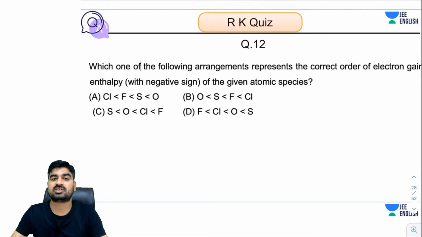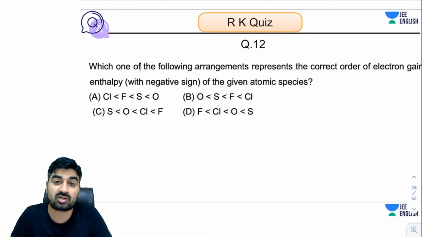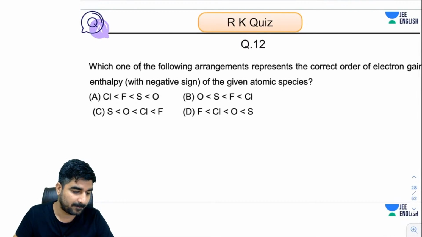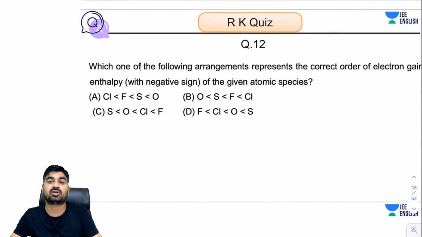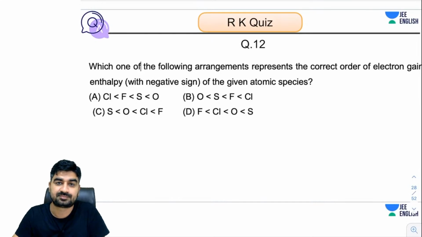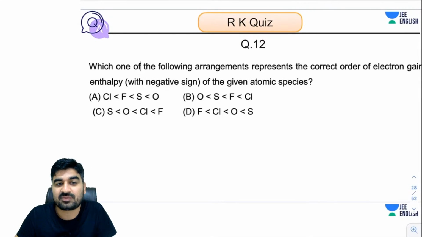Which of the following arrangements represents the correct order of electron gain enthalpy with negative sign? Correct order of electron gain enthalpy. So which will have the largest electron gain enthalpy?